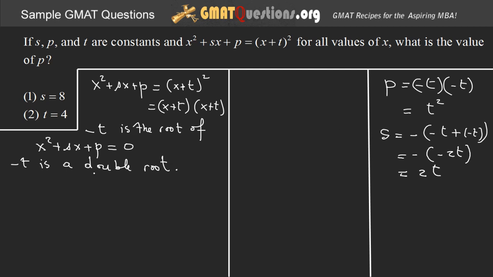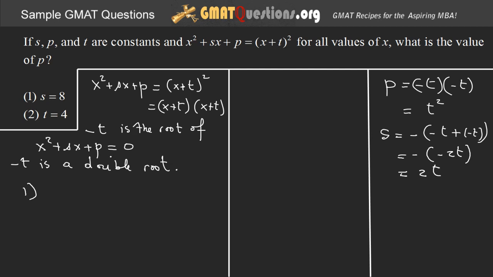Okay. Having said that, now we are being asked to find the value of p. Now some of you, if we go to number 1, are going to just plug the 8 over there. You can do so. You can plug here and maybe even expand the (x plus t) squared. Absolutely you can do that.